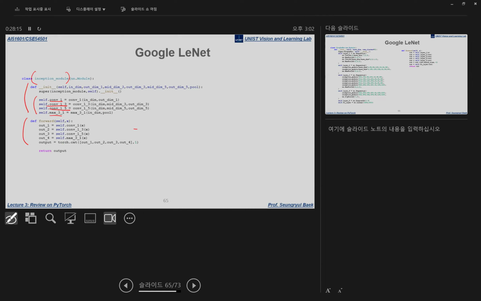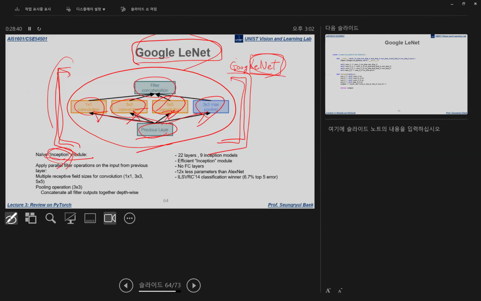In the forward function, we pass the initial x in parallel to these 4 layers, and then concatenate them to make the final output, and return the output. So this code is implementing exactly this. Are you guys following that?